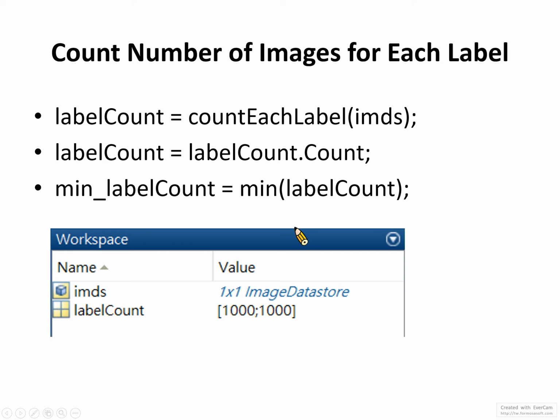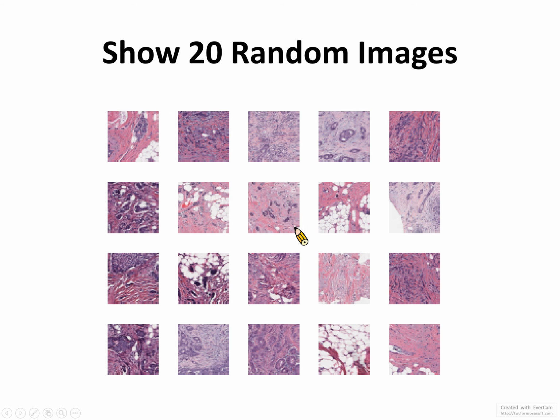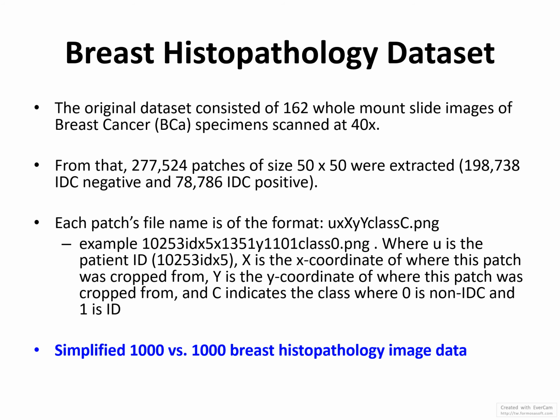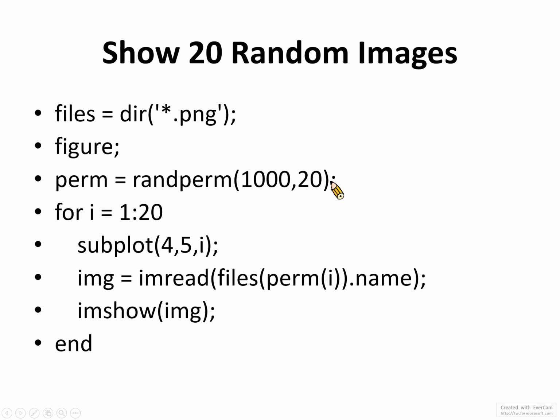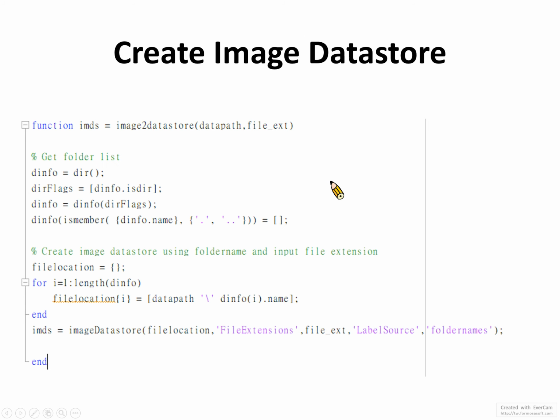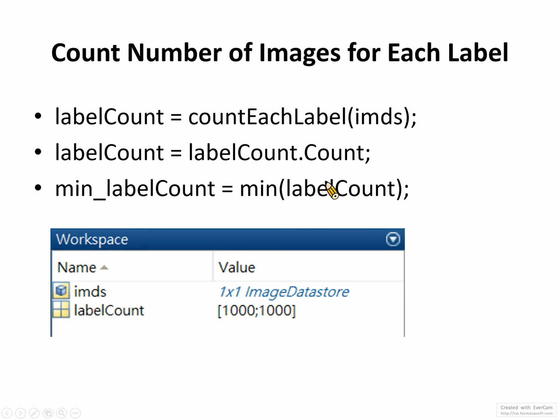For example, if you download the original data here, you should have 78,000 IDC positive images, but a larger number, 198,000 IDC negative images. You can still use this whole data to train your model, but it is unbalanced data, and it is ideal in neural network or machine learning training that you have a balanced number of files in each label.